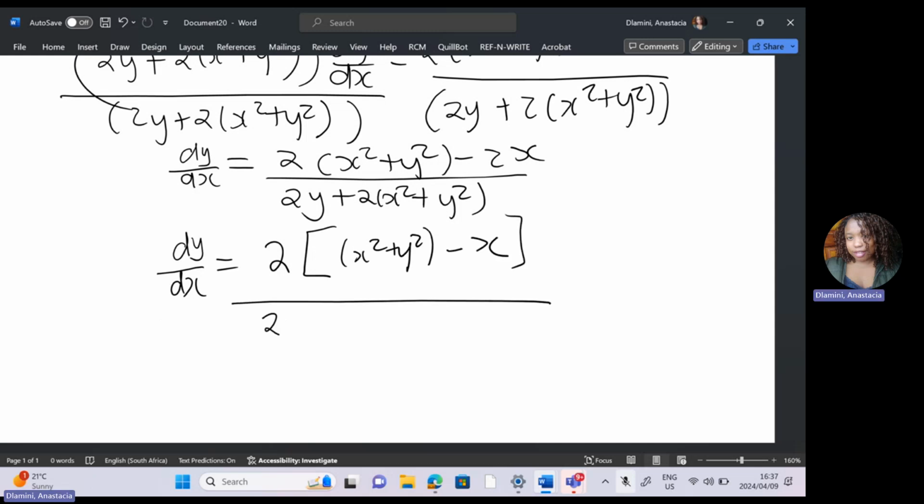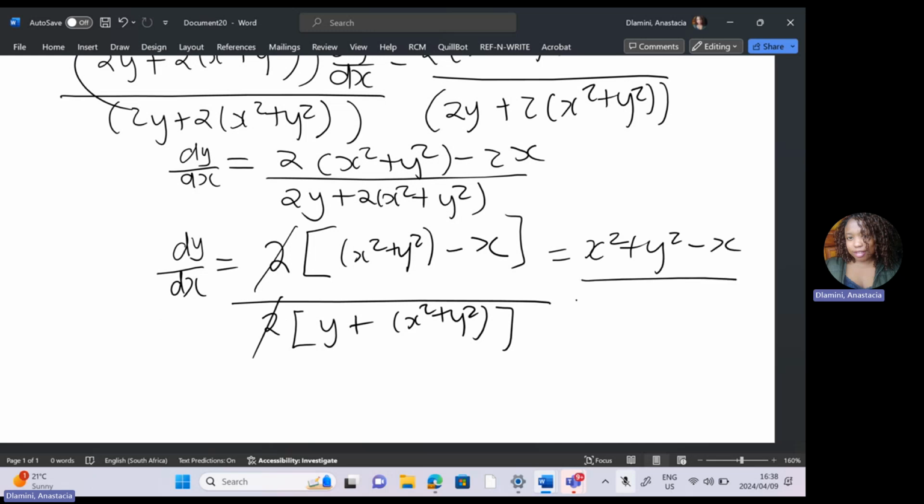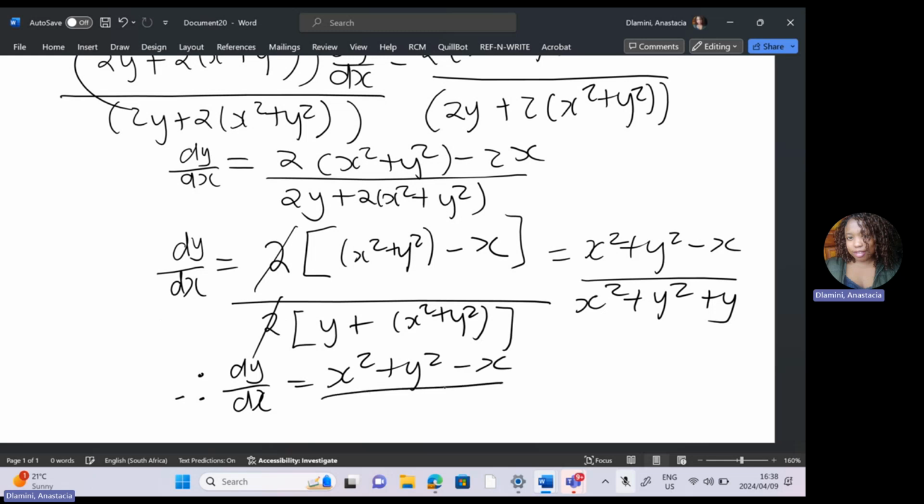Let's factor out a 2 here as well, 2y plus x squared plus y squared... so this 2 cancels that 2 or forms a 1. So then we remain with (x squared plus y squared minus x) over (x squared plus y squared plus y). Therefore, dy over dx is equals to (x squared plus y squared minus x) over (x squared plus y squared plus y).